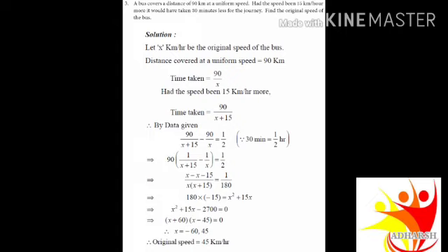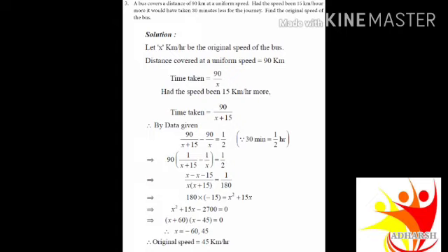We take the common value, numerator 90. So remaining 1 by x minus 1 by x plus 15 equal to 1 by 2. Now take LCM. x into 1, x minus 1 into x plus 15.